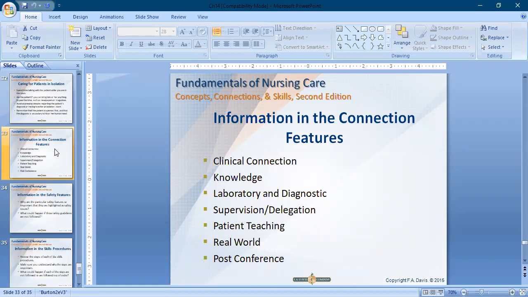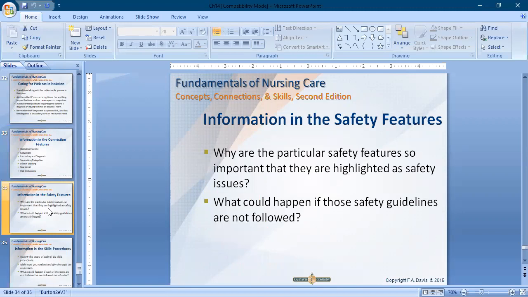So now go for information and safety feature. Why are particular safety features so important that they are highlighted as safety issues, and what could happen if those safety guidelines are not followed?